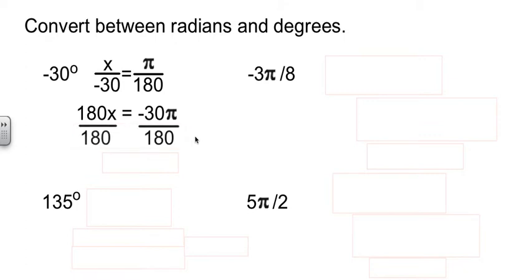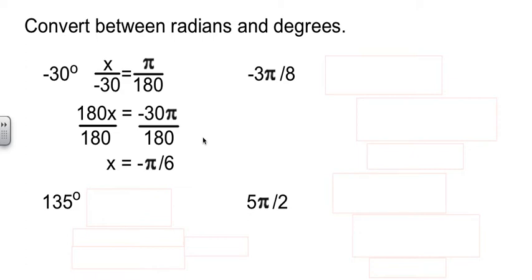Now I'm going to divide by 180. On the left, that cancels out. On the right, I have a fraction to reduce. So I'm going to put into my calculator negative 30 over 180 as a fraction and reduce it, and it's going to give me negative 1/6. I have negative 1/6 of pi, or you could just say negative pi over 6.